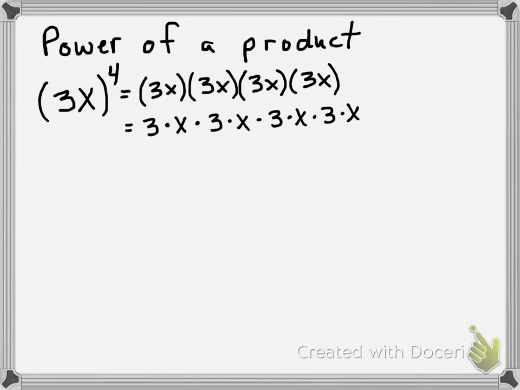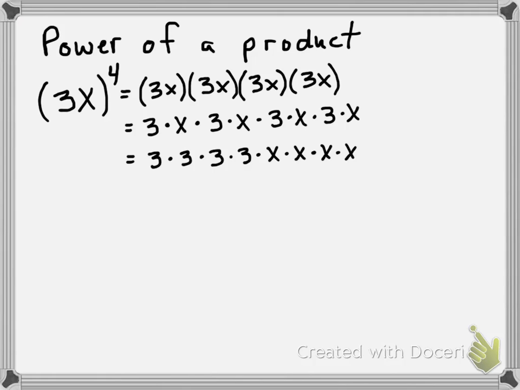Now, we know that multiplication is commutative, again, so I can rearrange all these any way I want. So I'm going to take the 3's and put them all next to each other, and take the x's and put them all next to each other. So now I've got 3 times 3 times 3 times 3 times x times x times x times x.